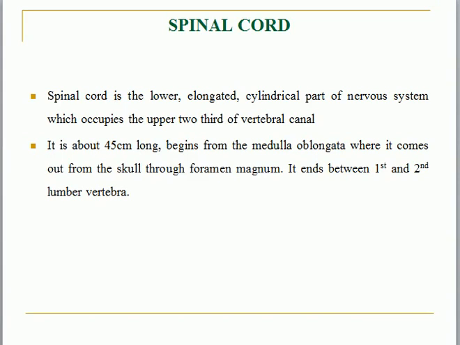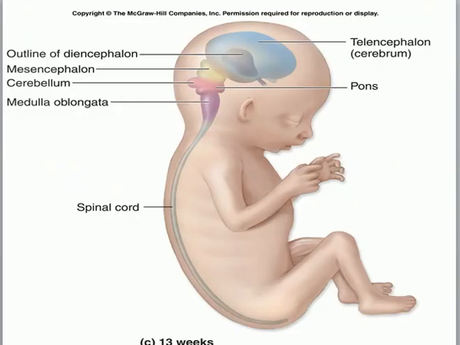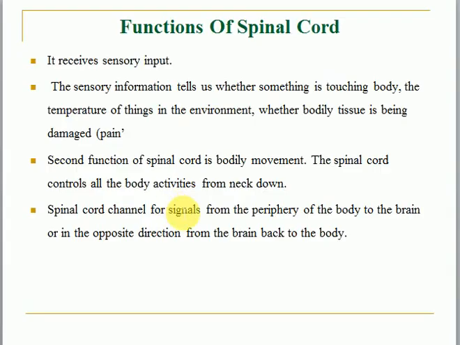It ends between the first and second lumbar vertebra. You see this is the spinal cord, and this is the brain. Now the communication between spinal cord and brain takes place because of cranial nerves and spinal nerves. So this is an important part of the central nervous system.